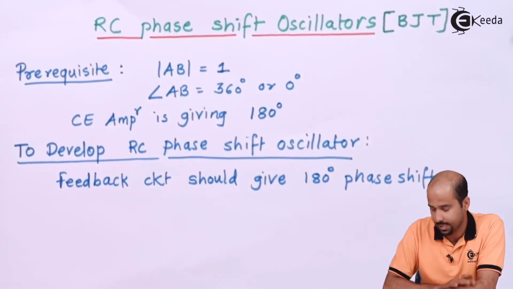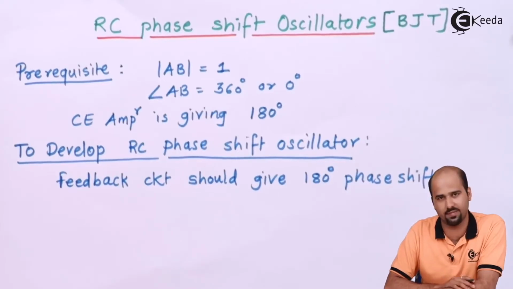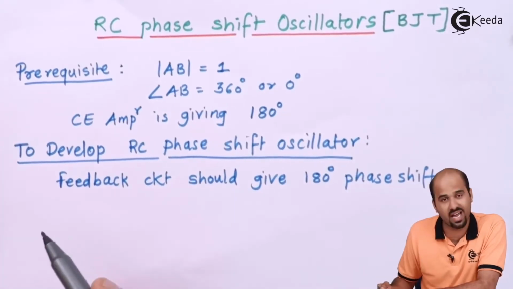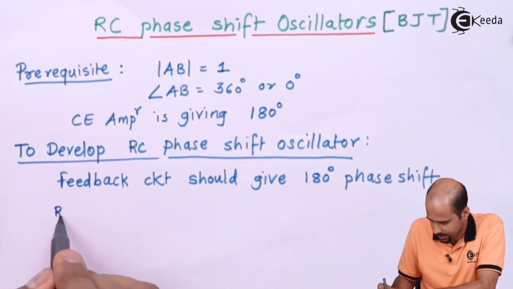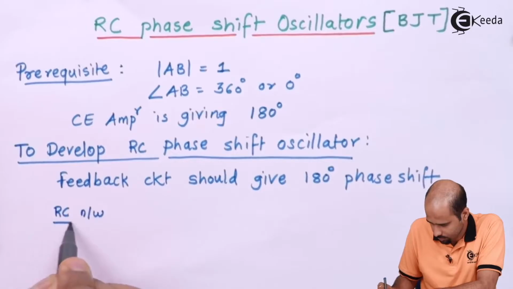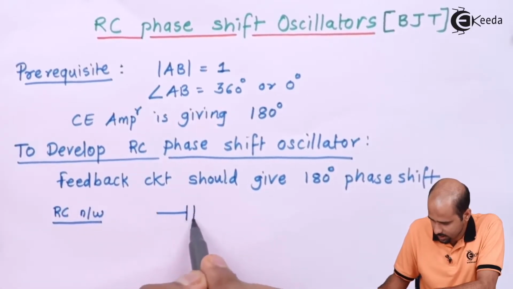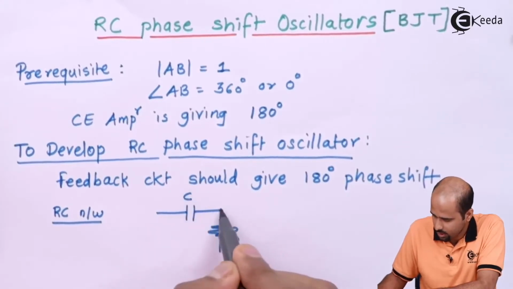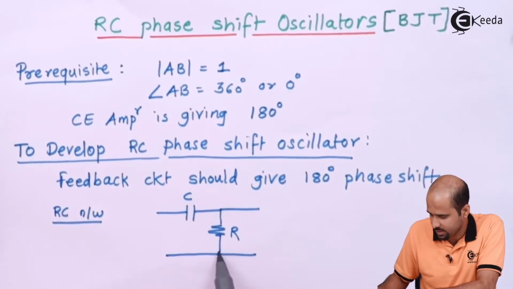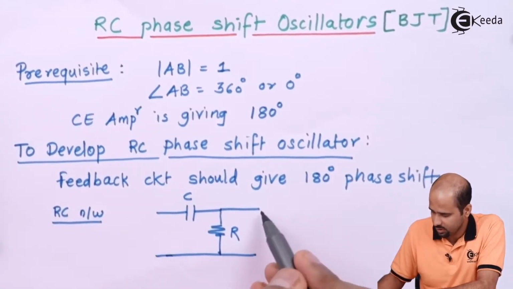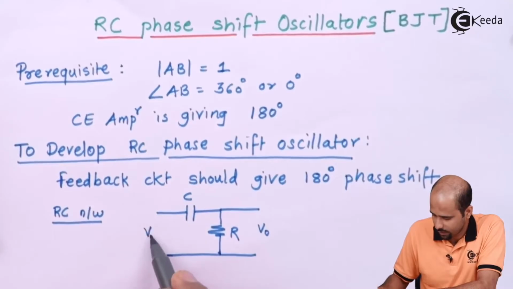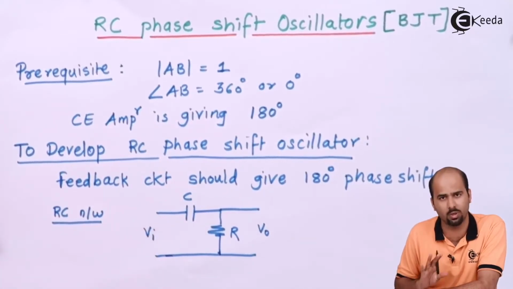So how can I achieve that with RC phase shift? I will design my R and C network such that, let's say my RC network is, this is C and this is the resistance R, right? As far as this complete simple network is considered, I can have the output voltage with respect to this input voltage. I am considering only this one RC network, right?